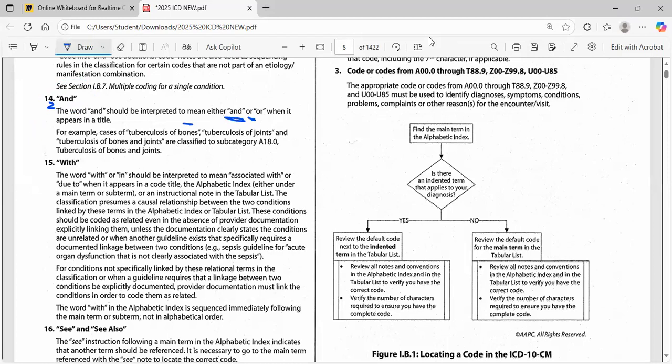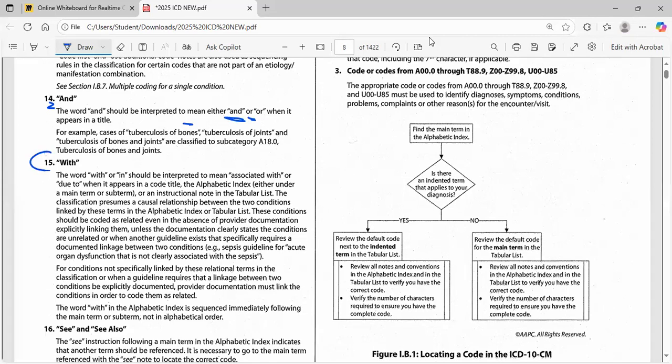For example, the cases for tuberculosis of bones and tuberculosis of joints are listed in the 18.0 subcategory, and we have two separate codes for the bone and the joint. So whenever "and" is listed in the incomplete code, it will represent the "or" only. And whenever "and" is listed in the complete code, it will represent "and", complete "and".